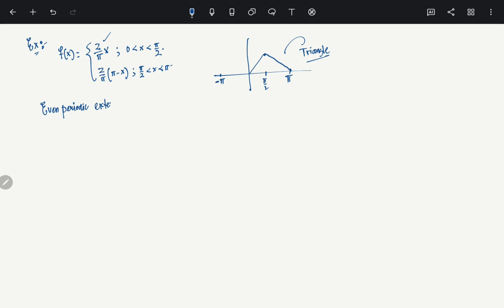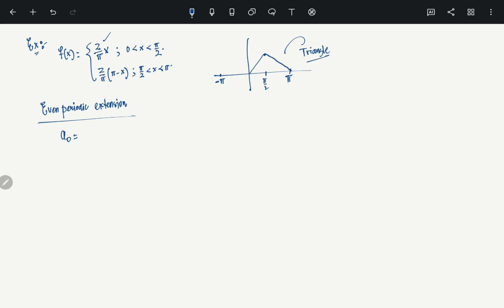Okay, so let's look at the even periodic extension. So cosine is even, so the series which I'm going to get is in terms of cosine. So the Bn's will be 0, the sine terms are 0.